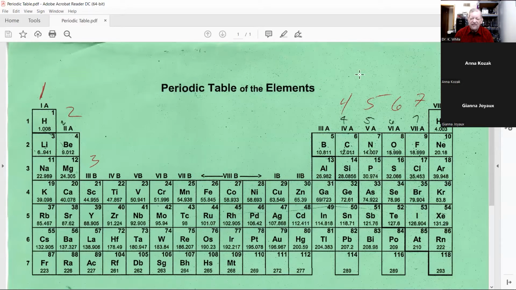Oh no, it's not there. Hold on. Oh, it is. Thank you, Gianna. You will be given this exact table. It won't be in green, it'll probably be on white paper. When I had these printed up, I had them in green.